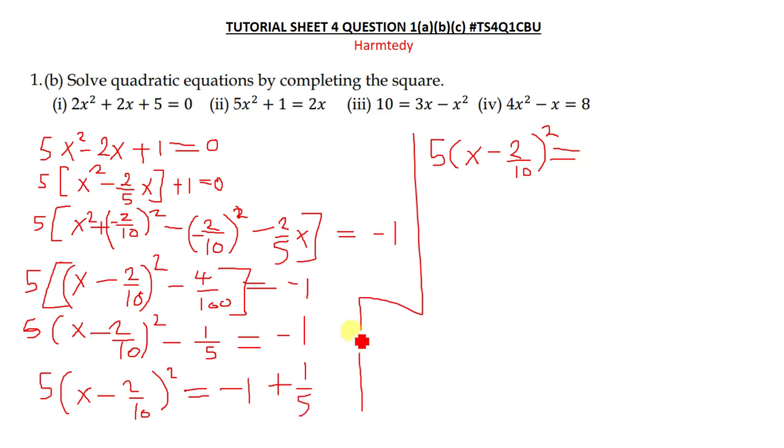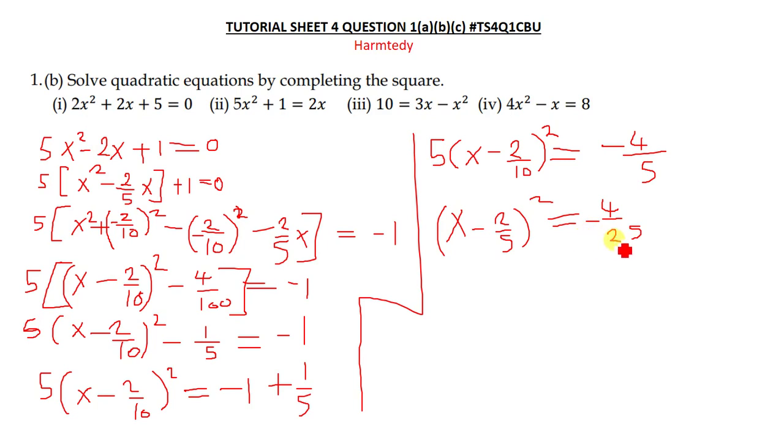So 5, when you simplify this part, you are going to have negative 4 over 5. So when you divide everything by 5, you're going to have this. Sorry, let me just write it properly. So you're going to have x minus 2 over 5 in brackets squared being equal to 4 over 25.